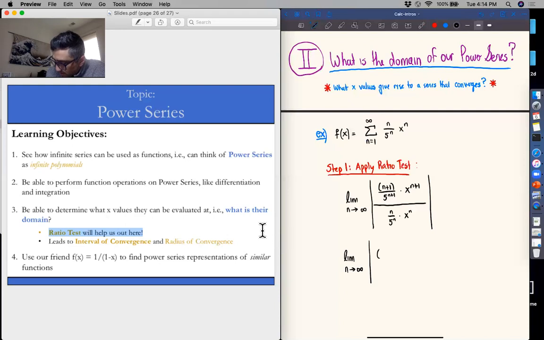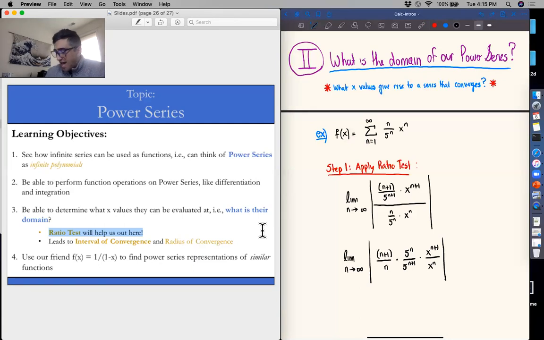So this actually becomes n plus 1 all over n times 5 to the n all over 5 to the n plus first times x to the n plus 1 all over x to the n. And remember, when we divide by something, especially if there's a fraction, we reciprocate that fraction and then multiply it onto that numerator, which is how I got to this second step here.